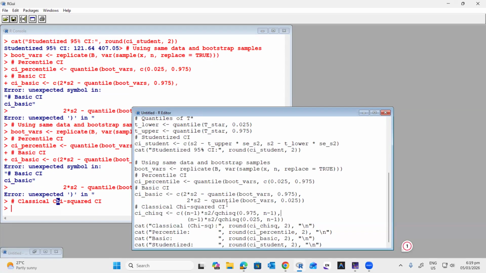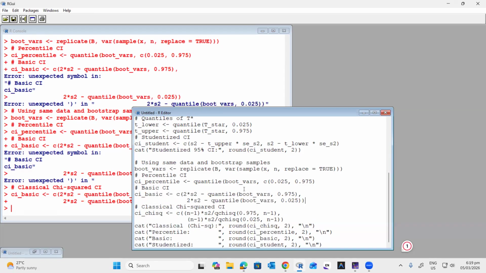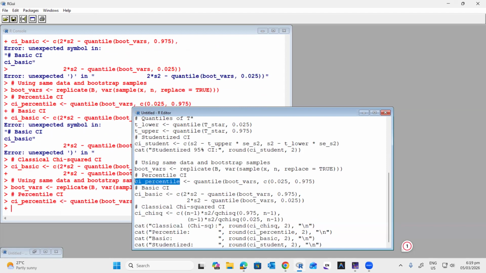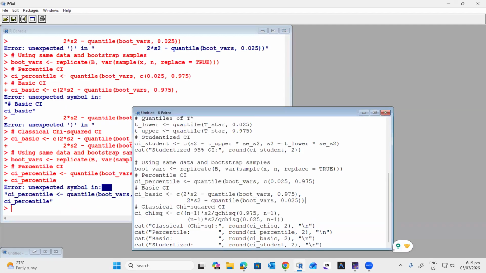Oh, sorry. Let me check this one. Yeah, it's working. So I'm going to calculate the percentile. Okay, sorry, I'm calculating the last one only.